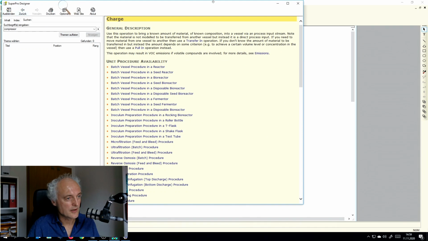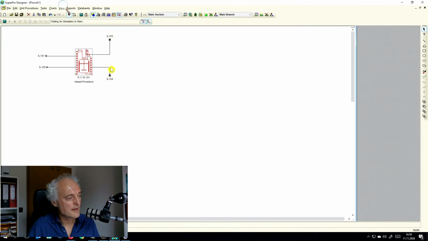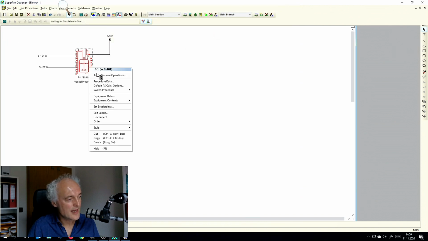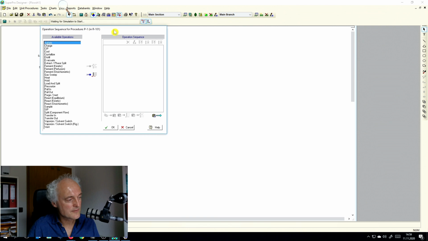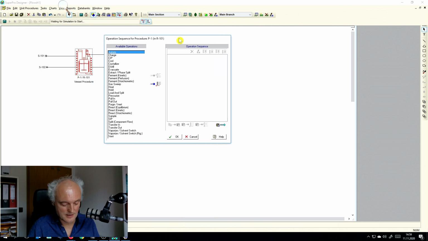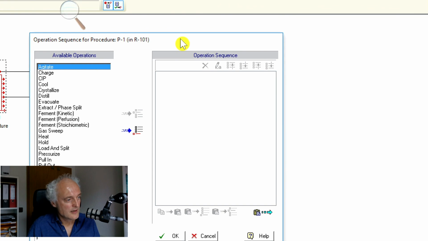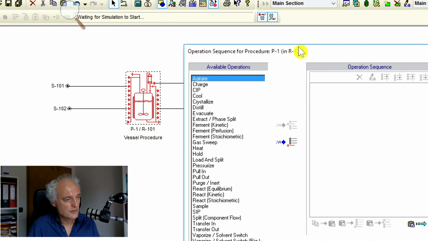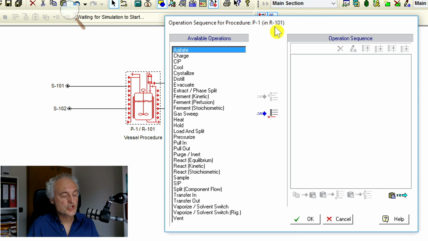So here we go. We do it. Right click, add remove operations. As I said, obviously we need to charge the acetic acid.